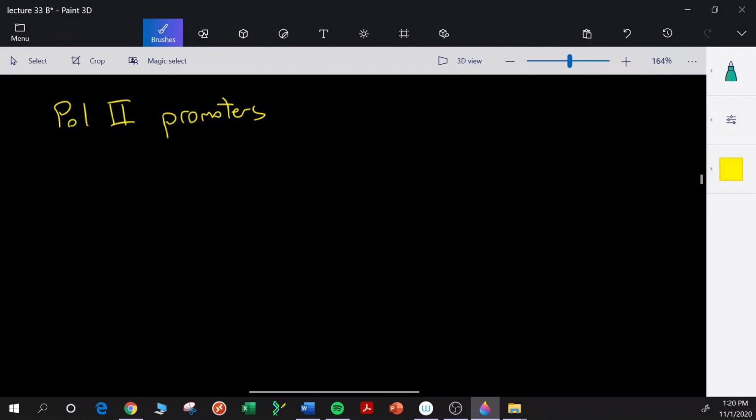There are many ways to define a promoter. Let's just go with a short region of a gene that's needed to load RNA polymerase and start transcription.